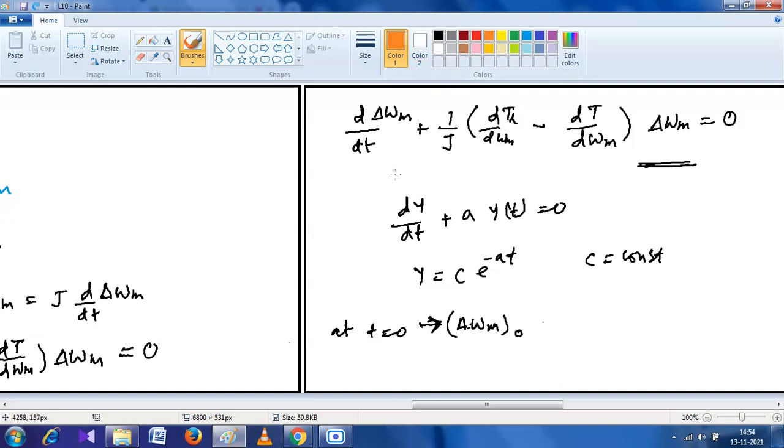If we have an equation like that, then the solution of that equation is y is equal to c e to the power minus at.